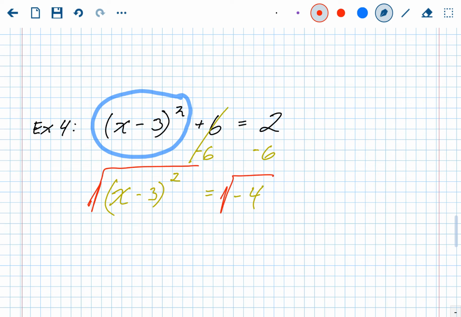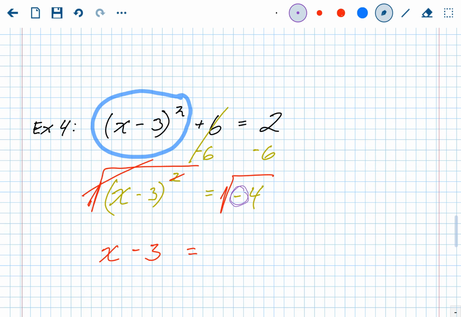Well, what's the problem here? The square root on the left side cancels out, and you're left with x minus 3. The square root on the right side, again, you have to be careful. Always remember, you cannot take the square root of a negative. Square root of 4 is 2, plus or minus 2, but square root of negative 4 doesn't exist in real numbers.